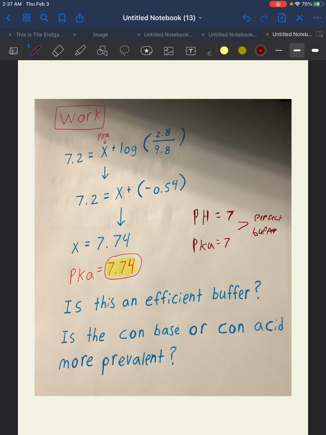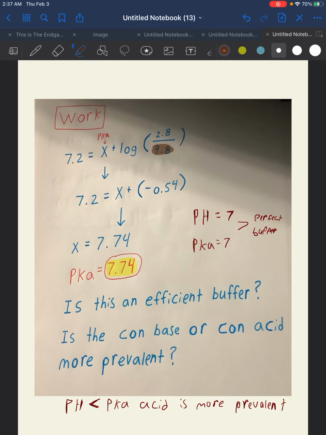Let's answer the next question. Is the conjugate base or conjugate acid more prevalent? Well, the pKa is 7.74 and the pH is 7.2. So, once again, if pH is less than pKa, the acid is more prevalent, which we can actually just look at this problem overall and know that that is true, because look right here.